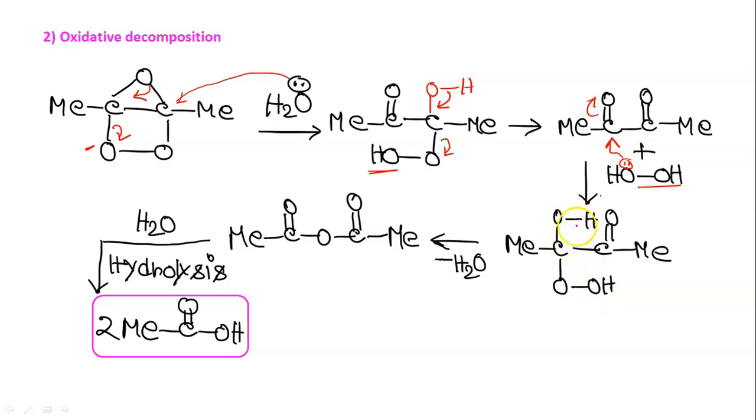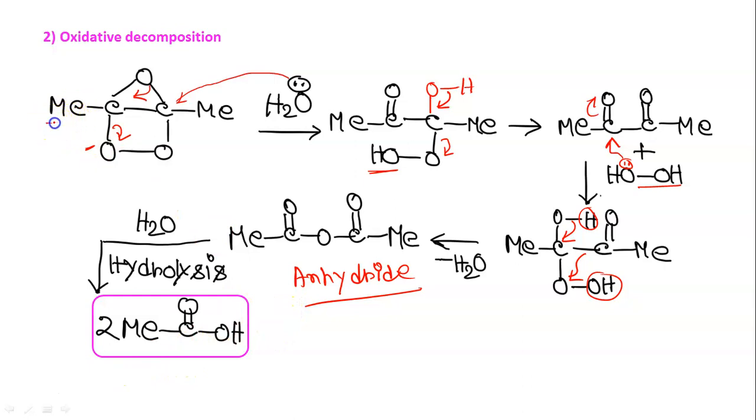Basically, this hydrogen and this OH together make H2O, which is removed, and we get the anhydride. This anhydride will react with H2O, so there will be hydrolysis, and we get two molecules of carboxylic acid.